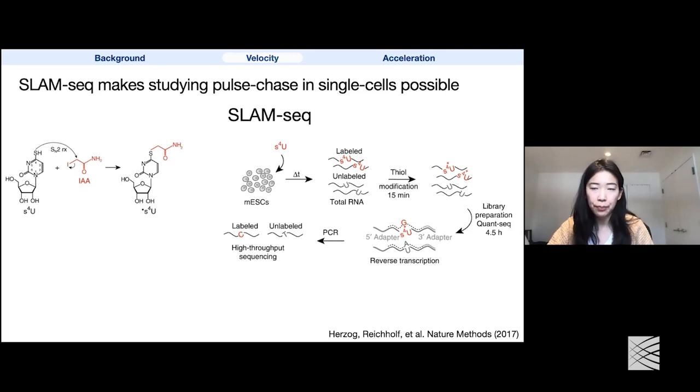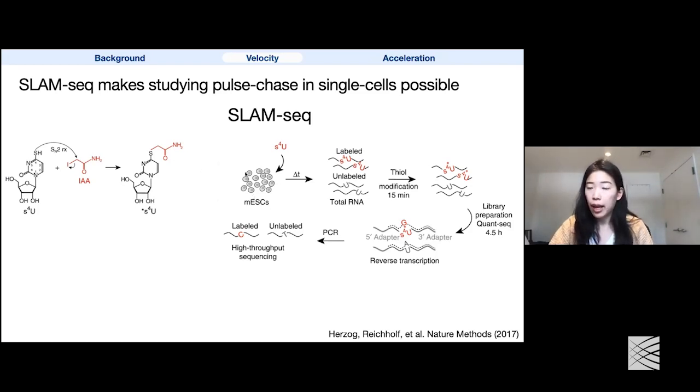So in SLAM-seq, they developed this orthogonal chemistry approach. They use a thiol-linked alkylation step, which converts thymines to cytosines during reverse transcription. You can imagine reading out your pulse chase experiment with sequencing and skipping the affinity-based purification entirely. So the experiment would be as follows.